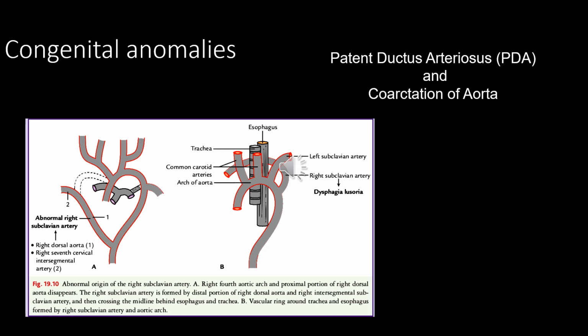In fact, in fetal life, it is almost as wide as the pulmonary trunk itself. And postnatally, once the child is born, the ductus arteriosus will collapse by the proliferation of the tunica intima, which depends on the level of oxygen changes between the pulmonary trunk and the arch of aorta.